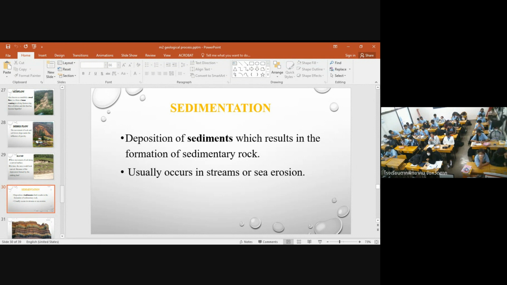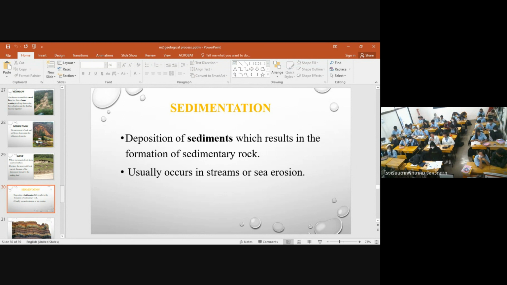Sometimes it is the impact of the wave. Have you seen a video where some people go so high and then jump into the water? You know that is the rock formation. For example, I'm going to jump into the sea water.